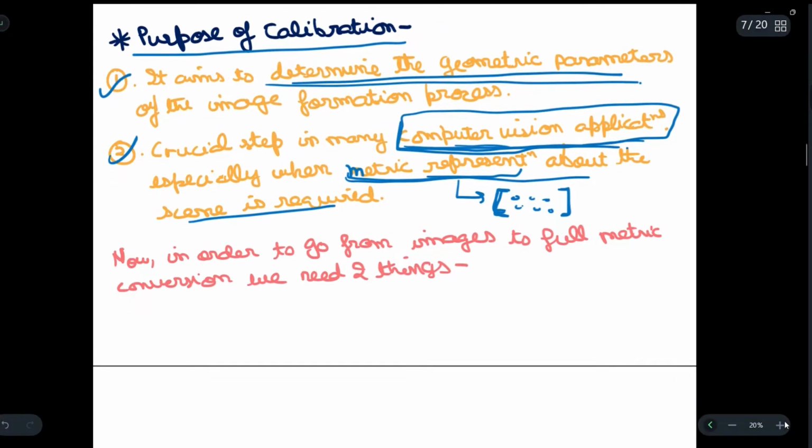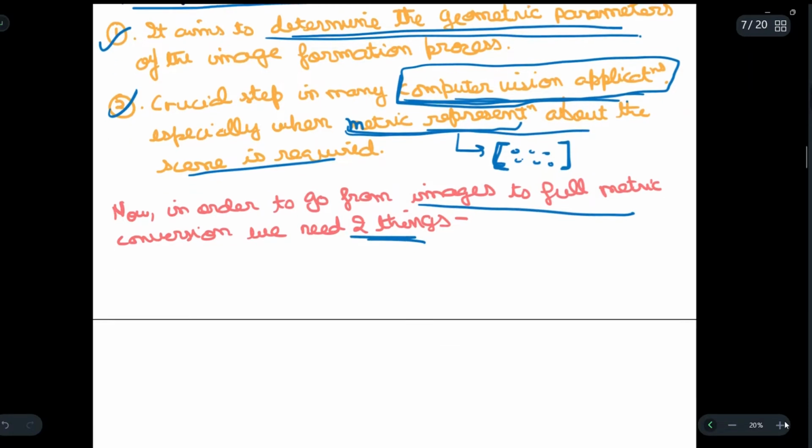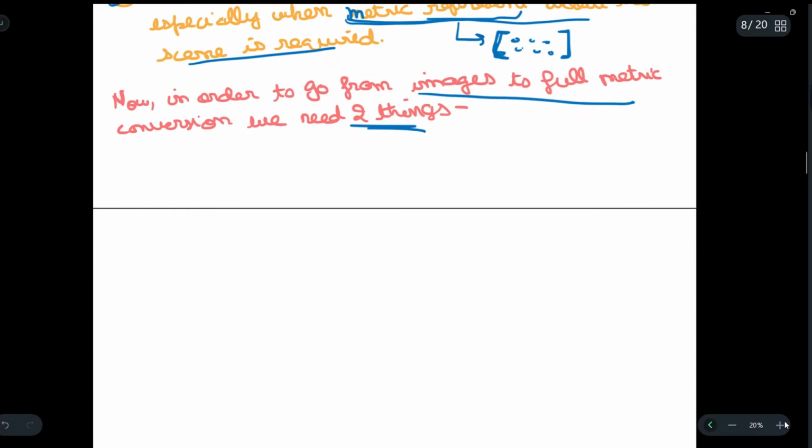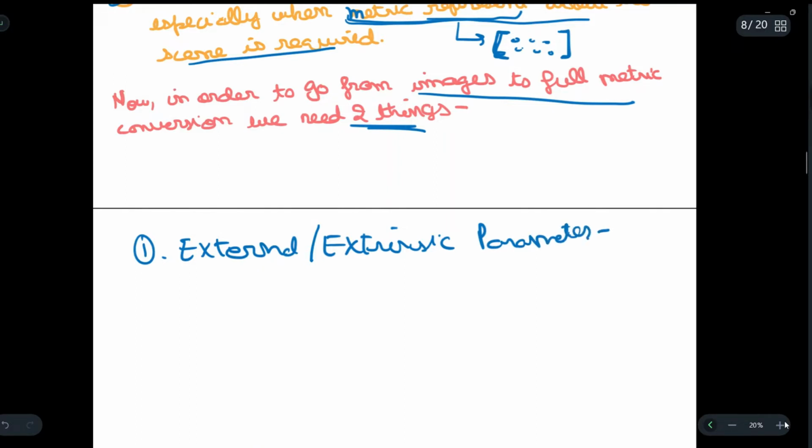Now, in order to go from images to a full metric representation, we need two important parameters. The first one is the external or extrinsic parameters. What do we mean by the external or extrinsic parameters?